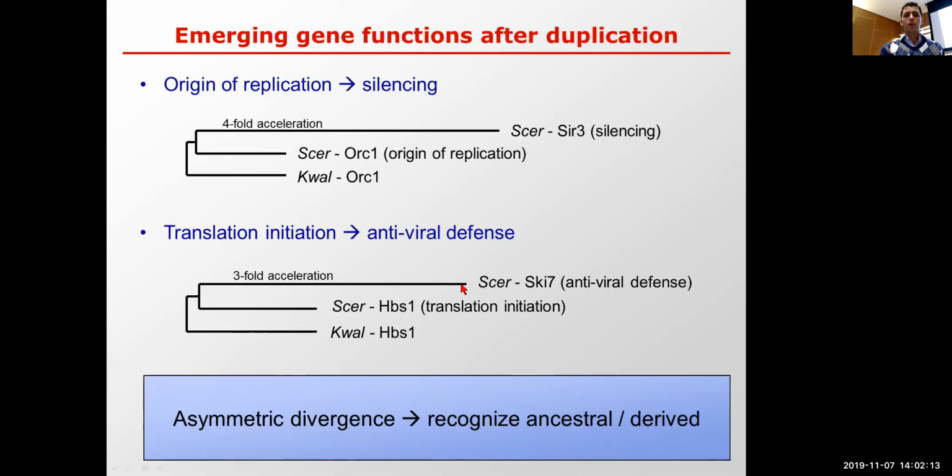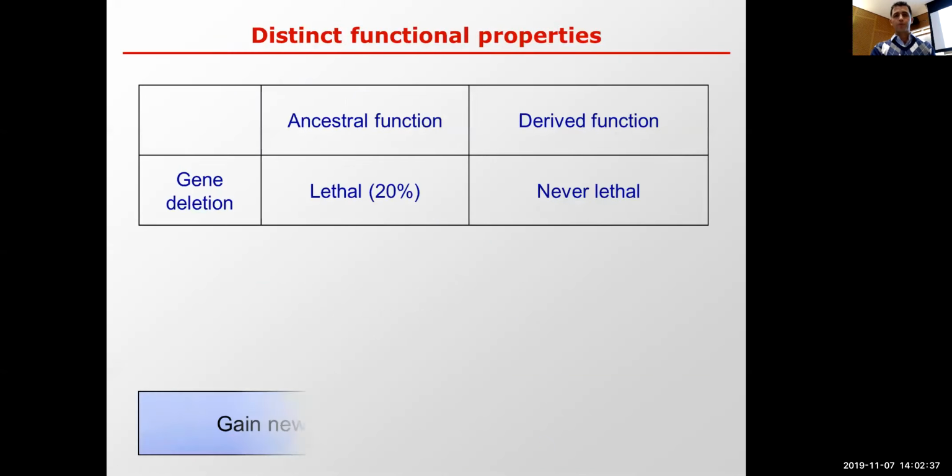Everybody with me? Similarly, this antiviral defense protein appears to have evolved from duplication of this translation initiation protein. So again, you want to bind RNA and start translating, and you can co-opt that function to now bind RNA and repress a virus with SCI7. So this asymmetric divergence allowed us to recognize ancestral and derived functions.